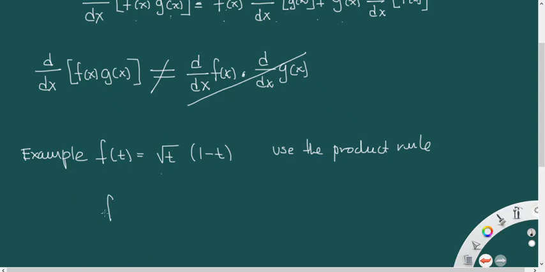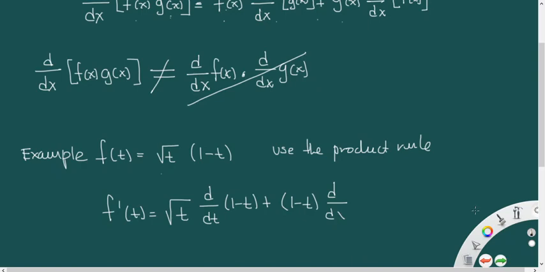Then f prime of t is going to be equal to the first function times the derivative of the second function, which is 1 minus t, plus the second function, 1 minus t, times the derivative, I am sorry, this is not x, times the derivative of the first function. This is square root of t.